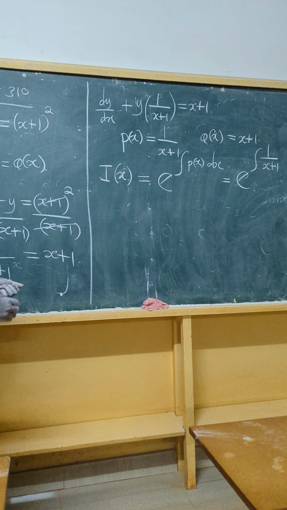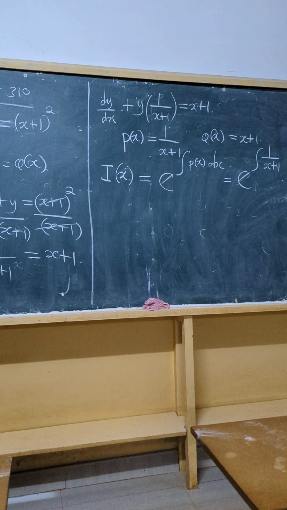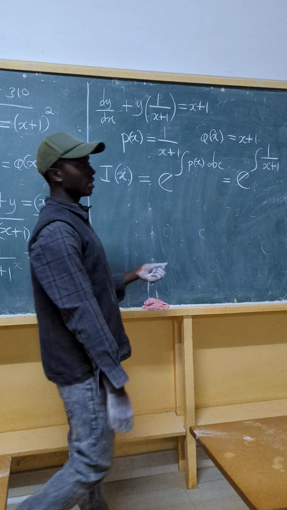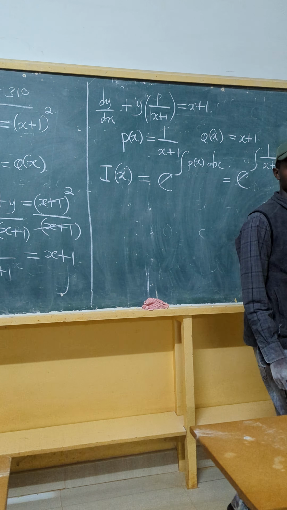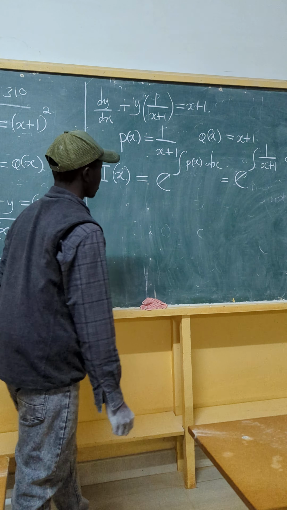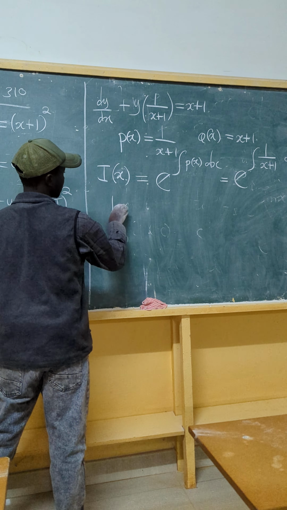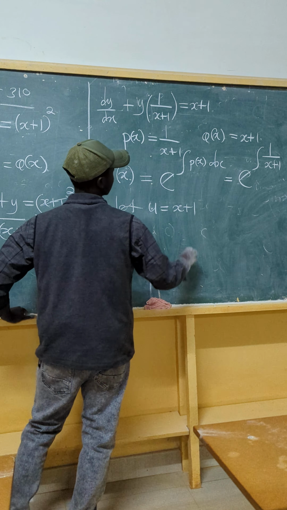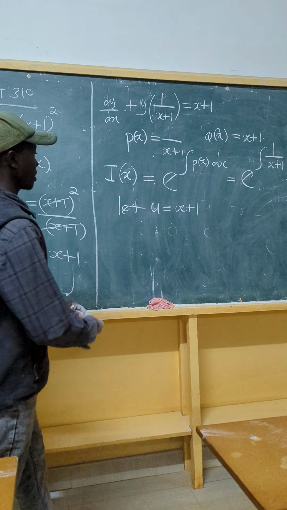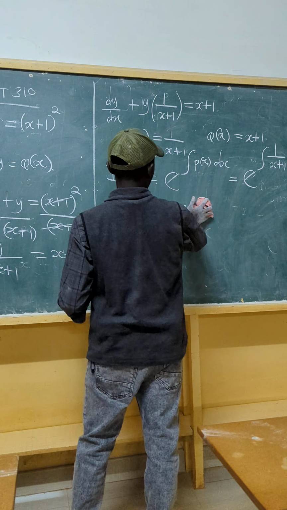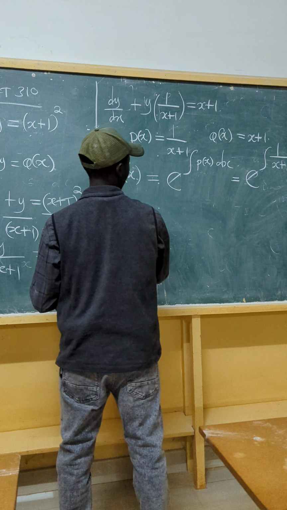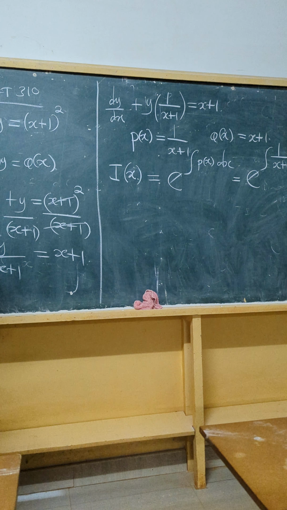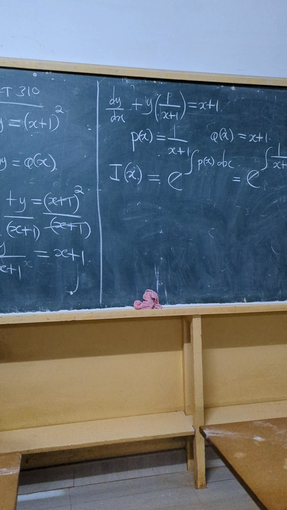So now we have such a situation. For us to integrate this, we are going to use u substitution, where you say let u be equal to x plus 1. Sorry, here we can't use u substitution.